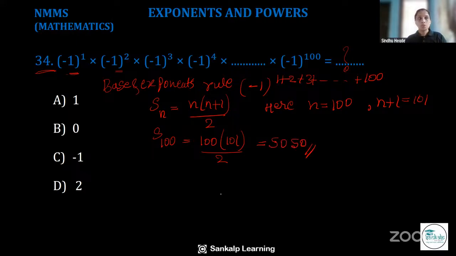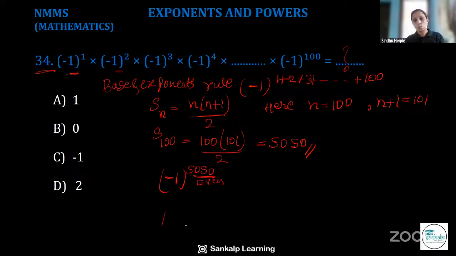So 5050. Now take minus 1 raised to 5050, because minus 1 raised to 1 into minus 1 raised to 2 and so on up to 100 gives the exponent 5050. This 5050 is an even number.